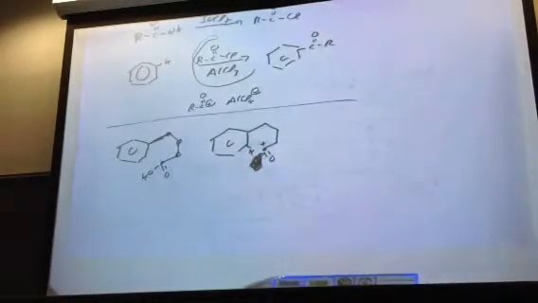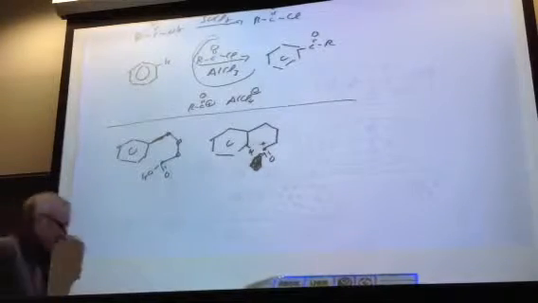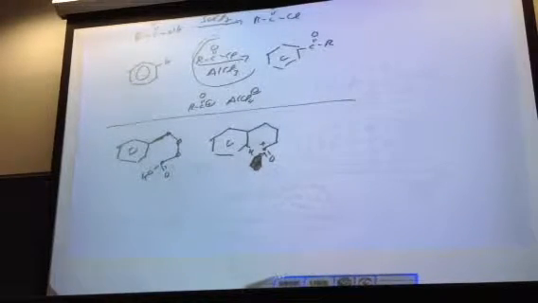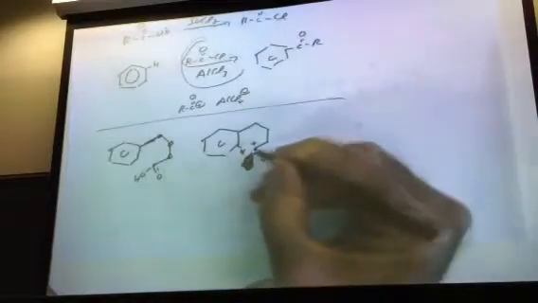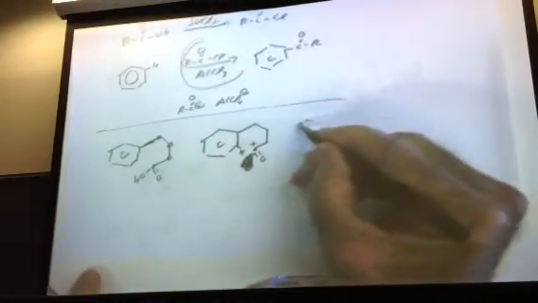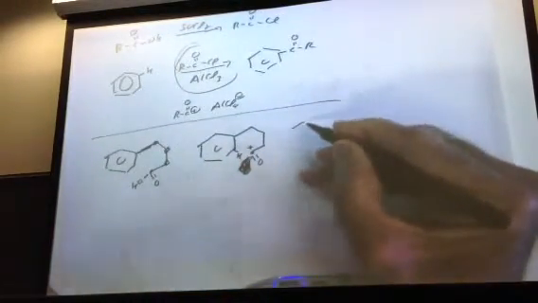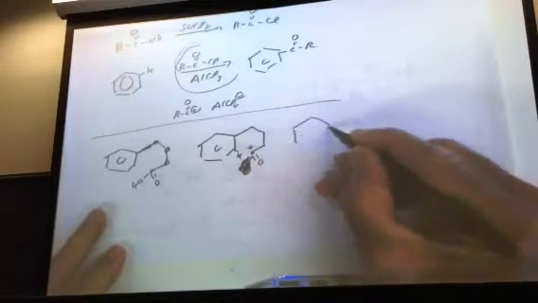So now what happens is an internal reaction. Instead of having this on one molecule and this on the other, they have both of them together on the same molecule. And so now this substitutes for hydrogen, and you get, I imagine, a ring chloride product.